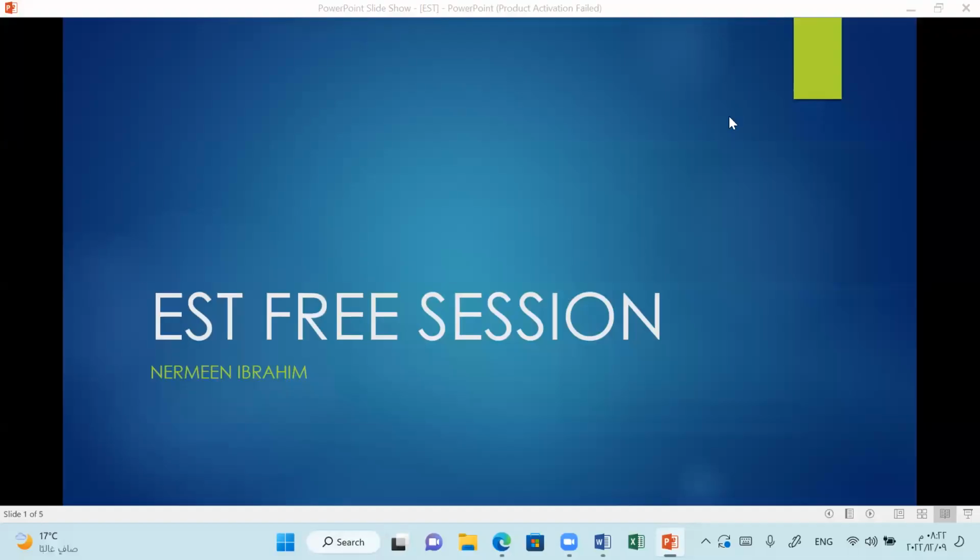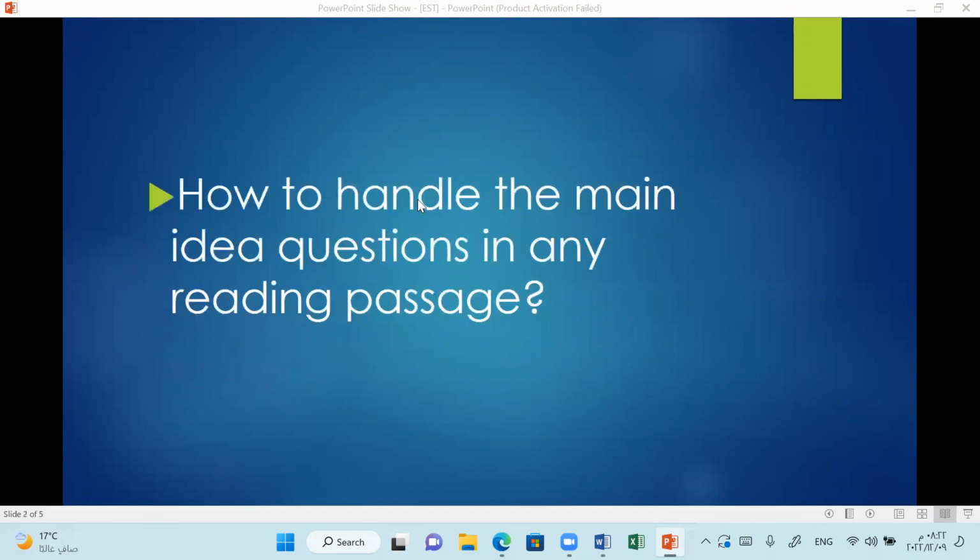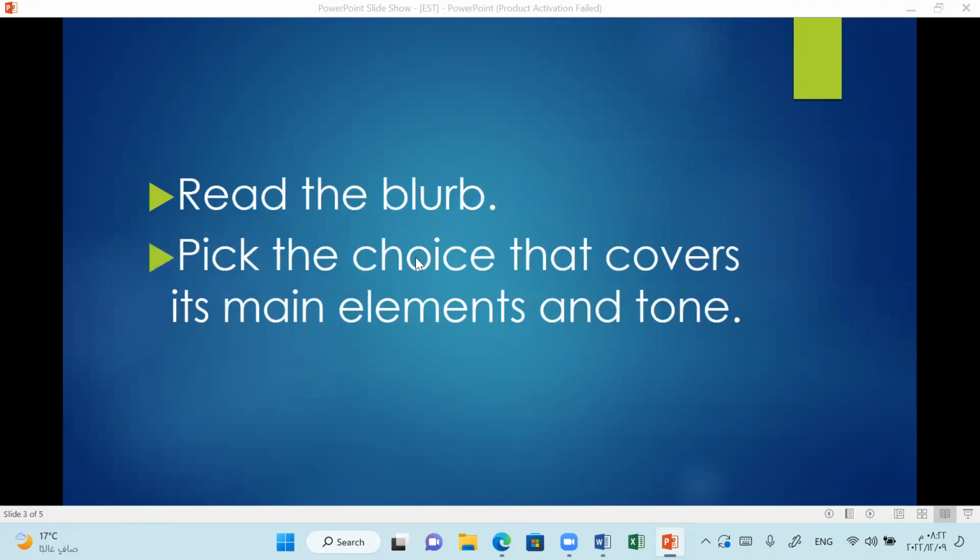So in today's session, we're going to handle one skill, which is how to handle the main idea questions in any reading passage within a few seconds in the test. Just read the blurb.